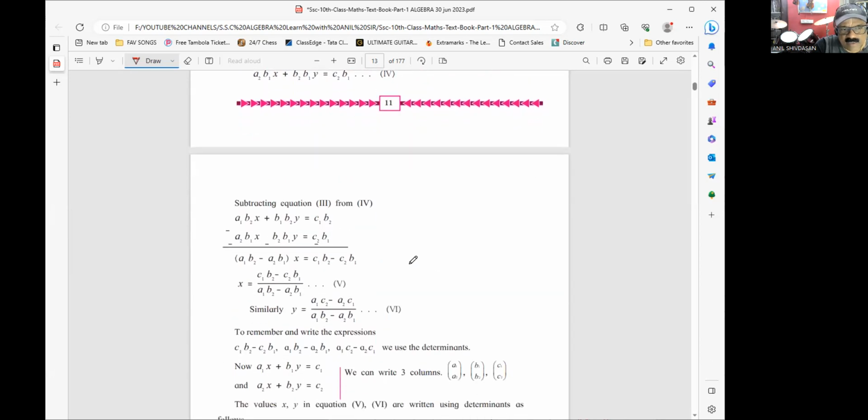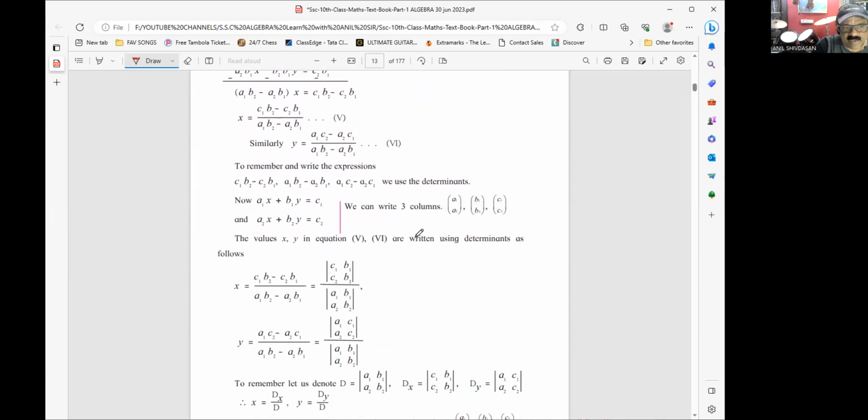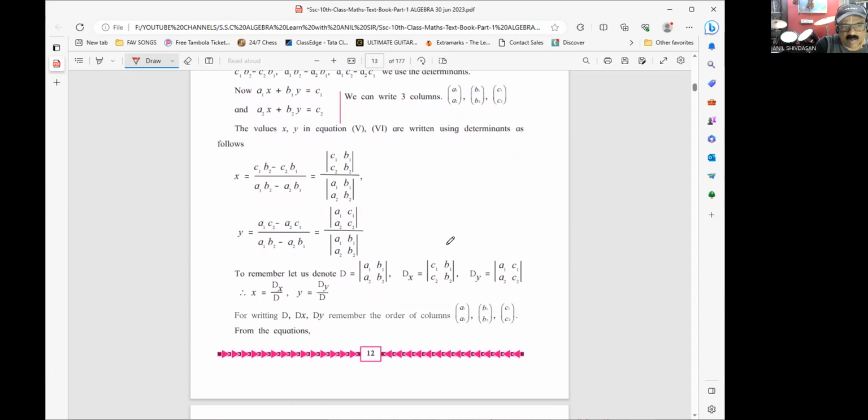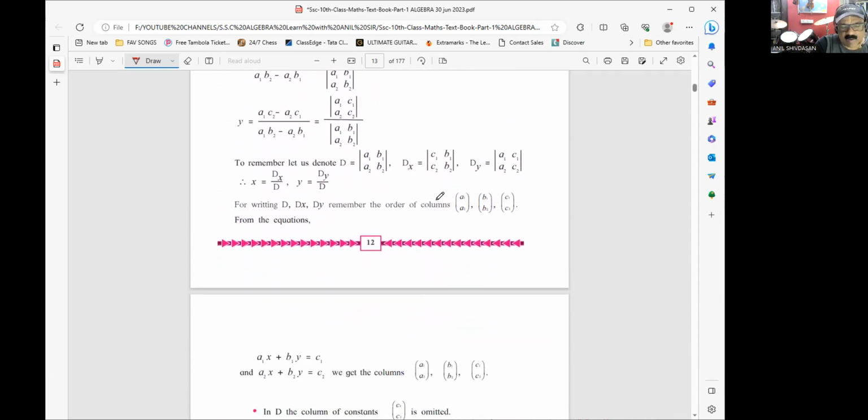So this method can be understood by taking an example. There are three determinants needed. One is called D, the other one is called Dx, the other one is called Dy.